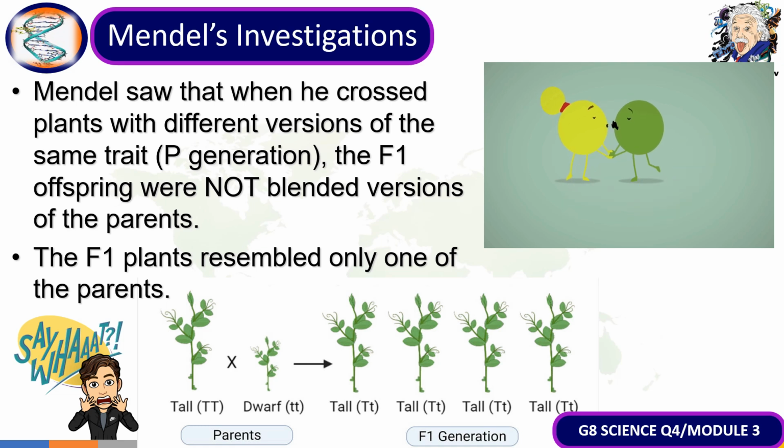Kasi dati, yung blended na theory, ibig sabihin pag when you cross the tall plant with a short plant, yung magiging height niya is mediocre or medium size, wherein na-disprove yan based on the experiment of Mendel. So either yung na-inherit na trait is being tall or being short. So either of the two traits coming from the parent.